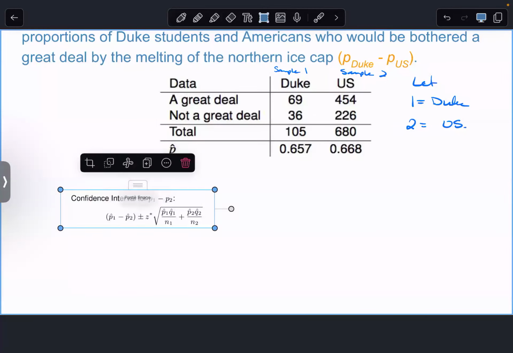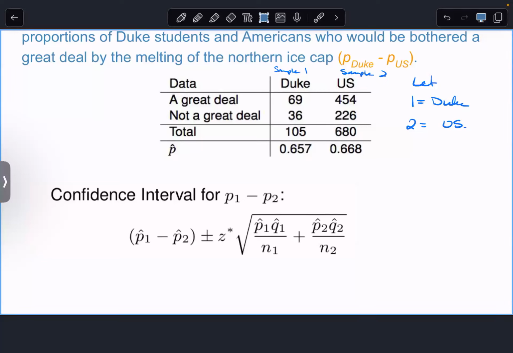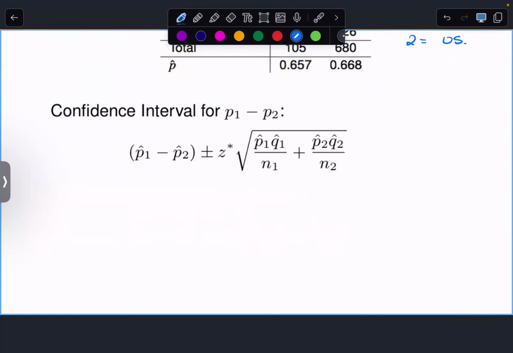And ta-da, I have all these components. Recall that Z star for a 95% confidence interval is 1.960. That's still the case, roughly 2. You've got the T table, so you can check it, but my iPad's kind of slow, so I'm not going to go there.